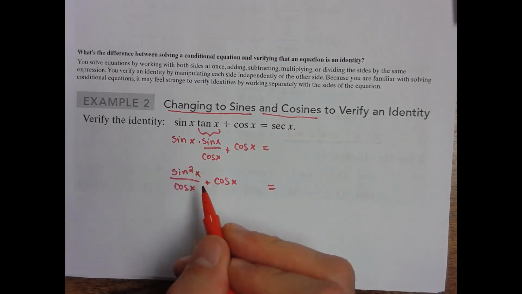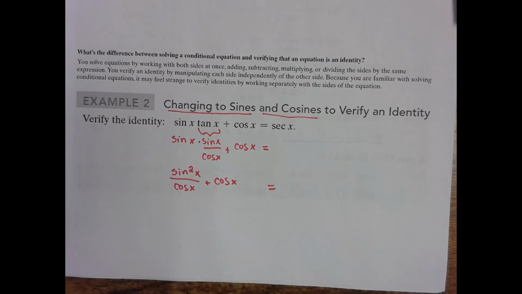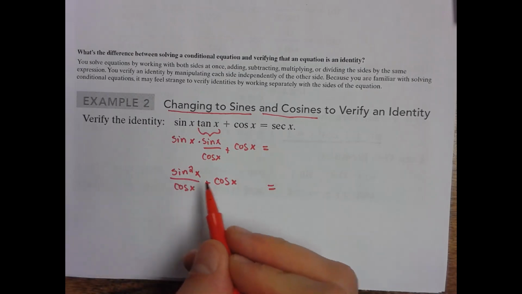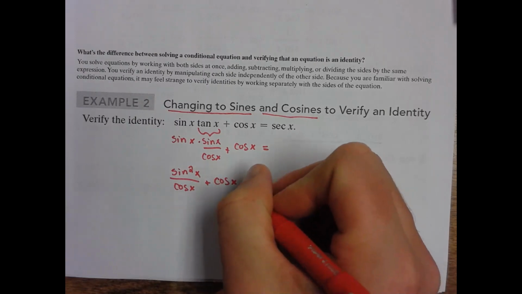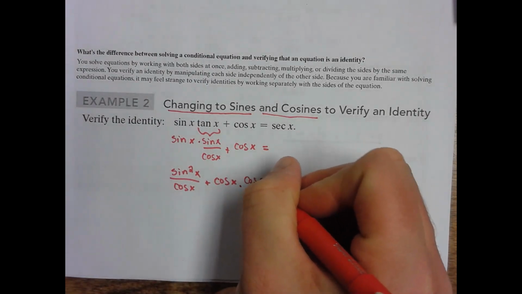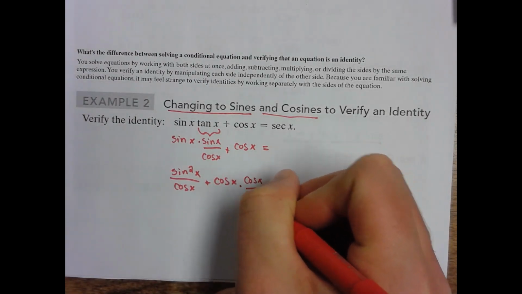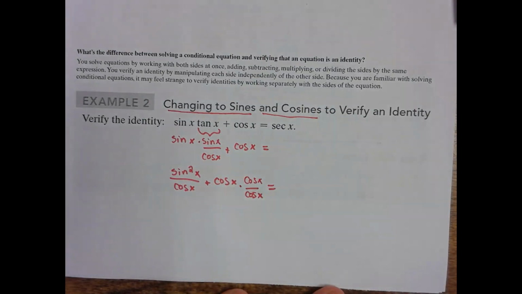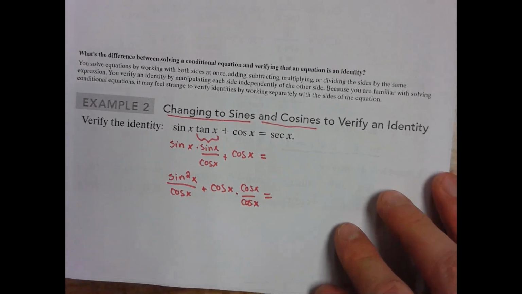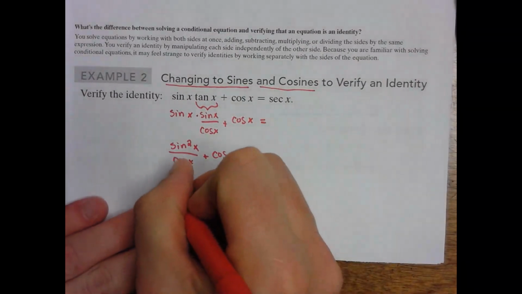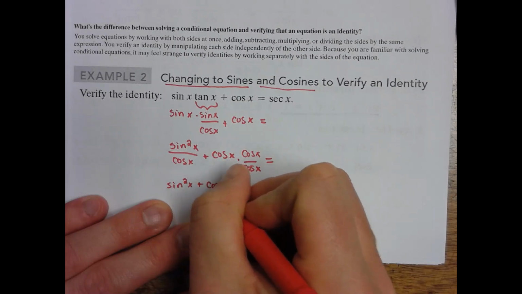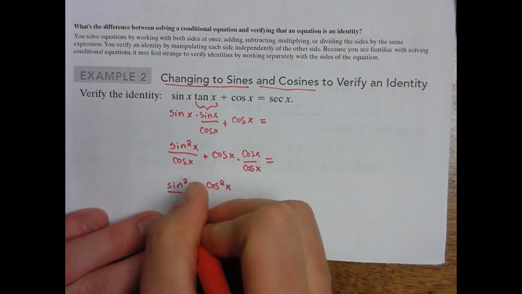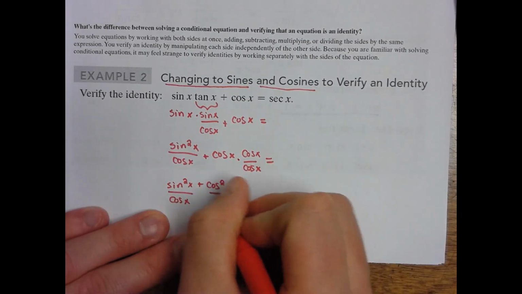Well, I can add terms if their denominators are the exact same. So I'm going to work to get this cosine of x to have the same denominator, being cosine, by multiplying it by cosine of x divided by cosine of x. So this is just me getting a common denominator here. And so this turns into sine squared of x plus cosine squared of x, and then all of these are now divided by cosine of x.